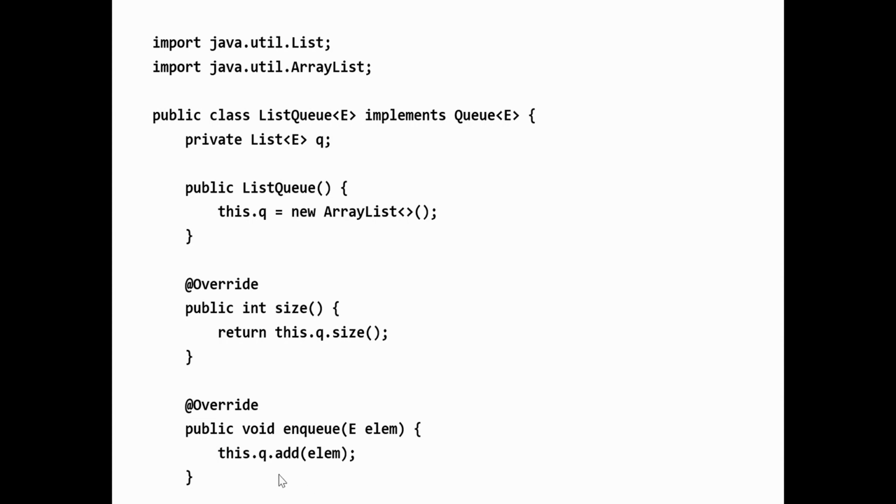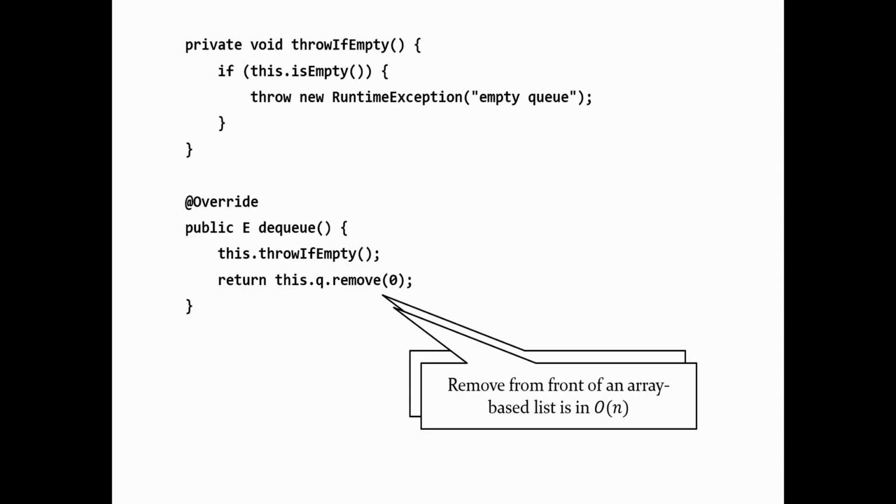So NQ worst case is also big O n. It turns out on average this is big O 1, but that's a topic for your algorithms course, where you talk more about complexity. So on average it's big O 1, but worst case is big O n. So you have a queue implementation where the 2 main methods both have complexity big O n.